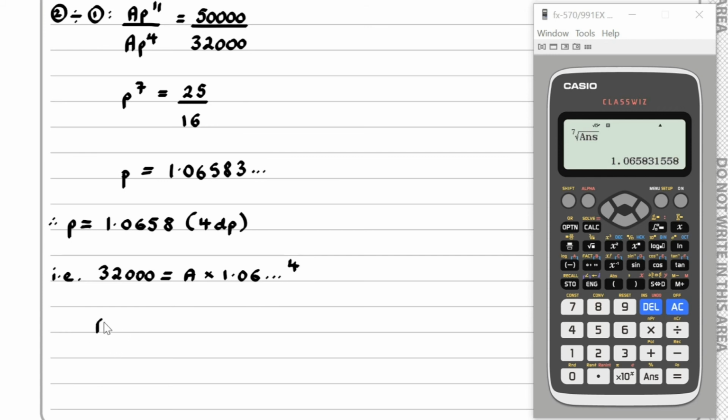If I find out the value of a, I need to do 32,000 divided by this to the power of 4, which is 24796.8022, and so therefore we can see that a is approximately 24,800, and that's exactly what we wanted to show.